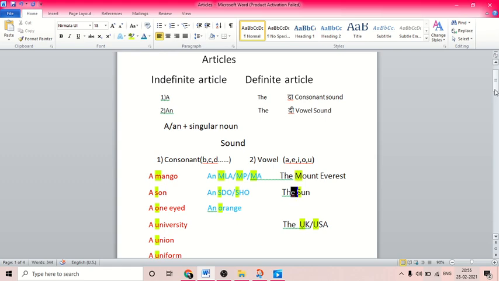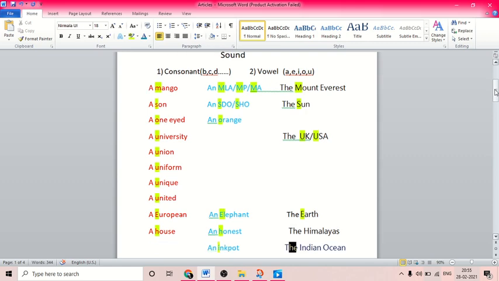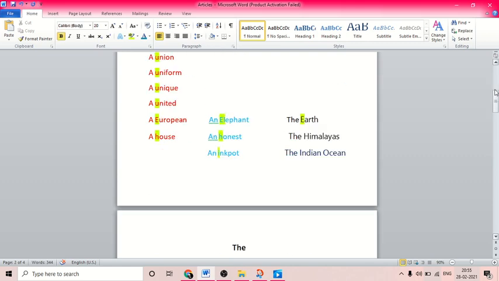Similarly, in the next example, a sun and the sun. The sun is a unique thing, that's why we use the. Similarly, with the UK, the USA, the earth, the Himalayas, the Indian Ocean.